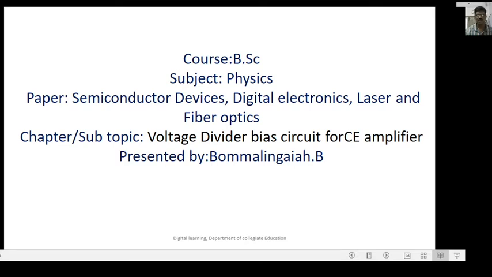Today I am going to explain about bipolar junction transistor biasing. Before going to explain the topic, we are going to discuss the basic introduction. Transistors are used in different kinds of electronic circuits.